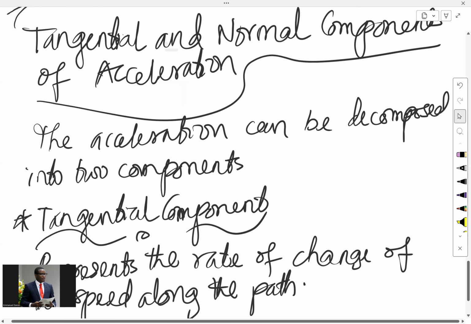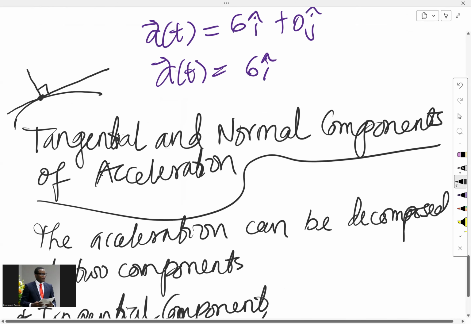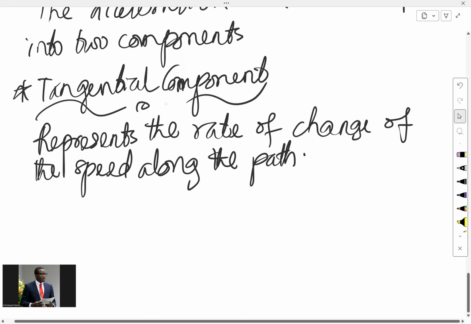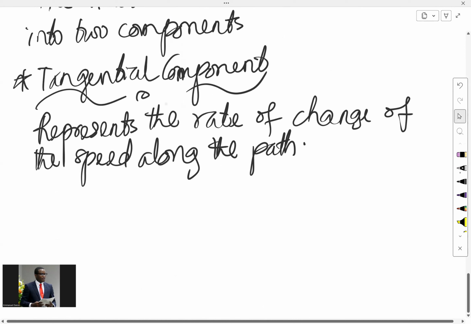As you can see, the curve is more like the path. So the tangent to it talks about the rate of change of speed along the path. And that is simply a_T, which is the derivative with respect to t of the absolute value of v of t.